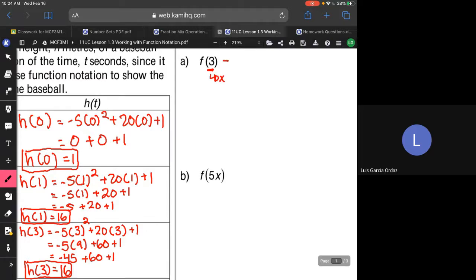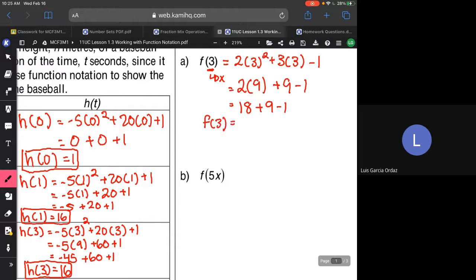So f of 3 is equal to 2 times 3 squared plus 3 times 3 minus 1. So what's 3 to the power of 2 again? 9. So 2 times 9 is 18 plus 9 minus 1. So what does f at 3 give me? Jade? 26. Good.